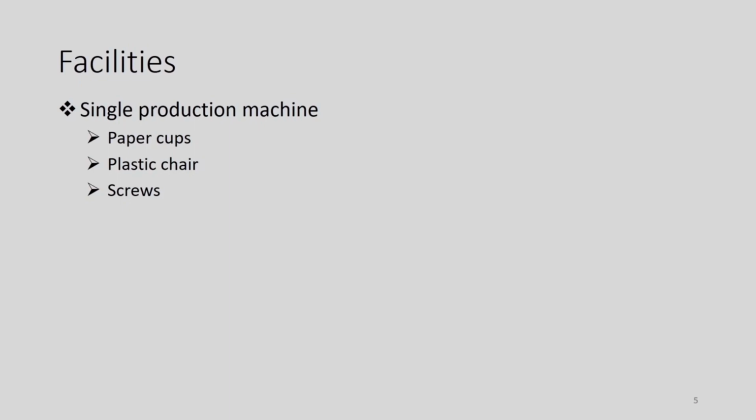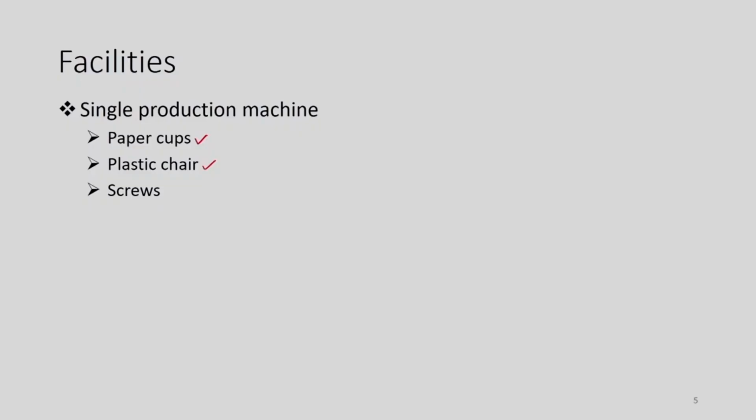So, a single machine is there with a small scale industry or a small enterprise, and the task would be to just manufacture the paper cups, or a medium scale industry is having a few molding machines which are just manufacturing plastic chairs.